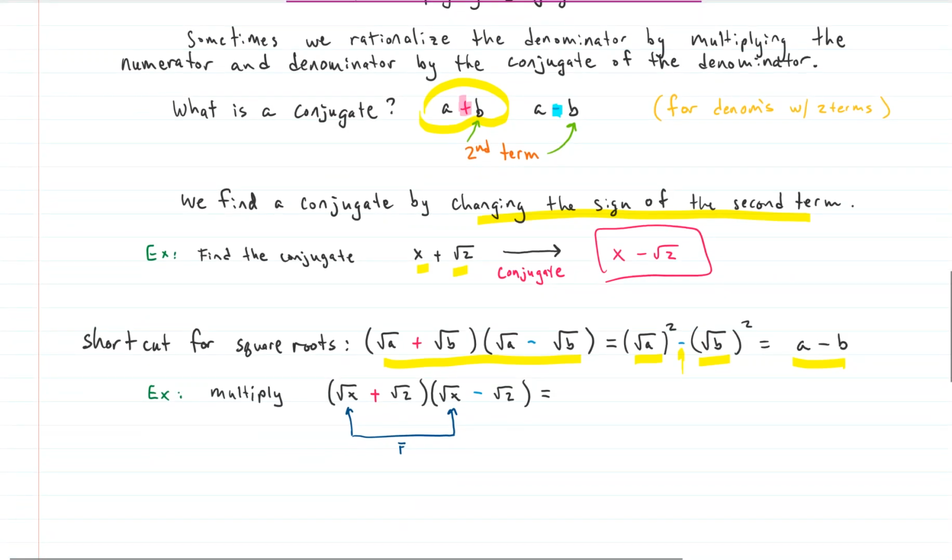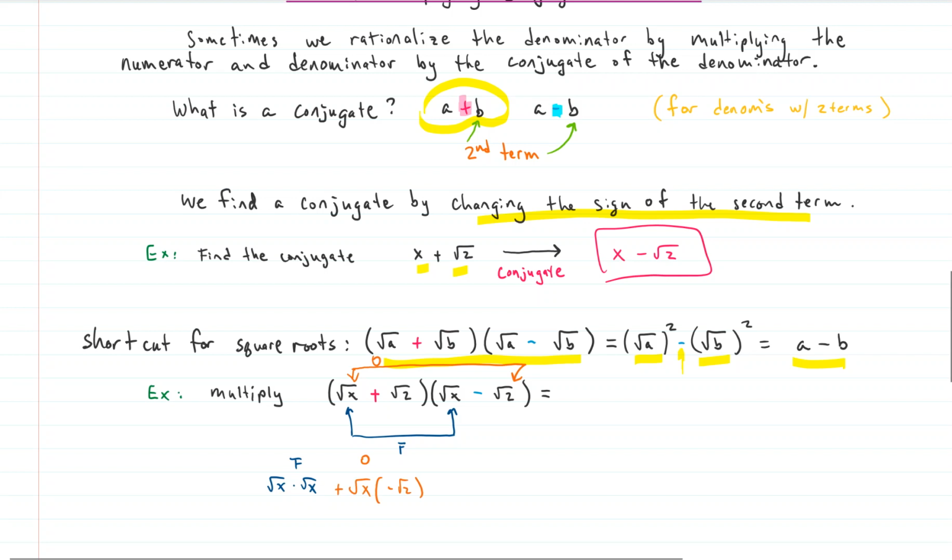The first term gives us root x times root x. Now the outside is root x times negative root 2.